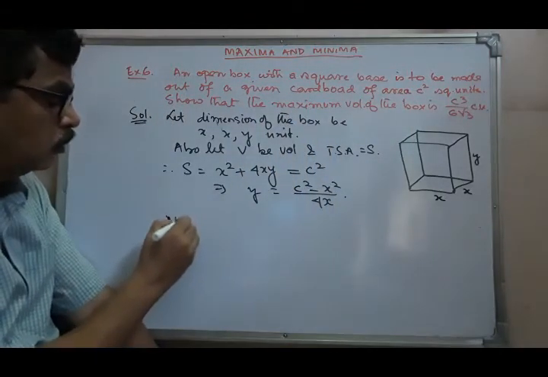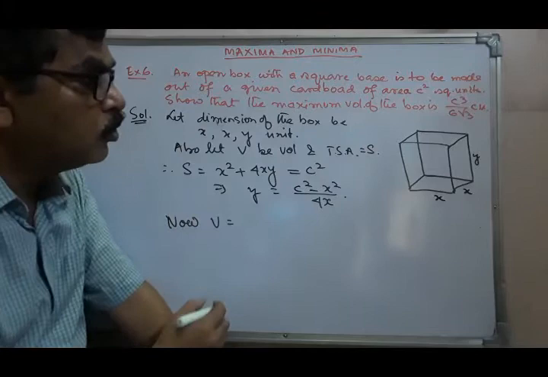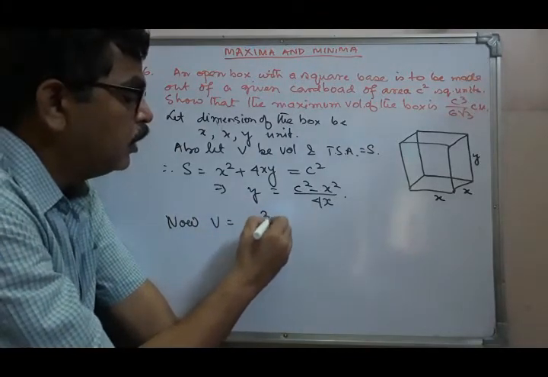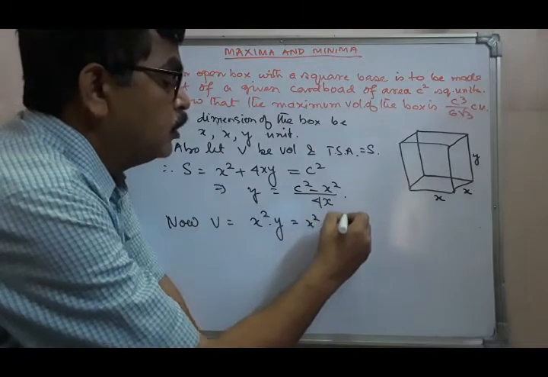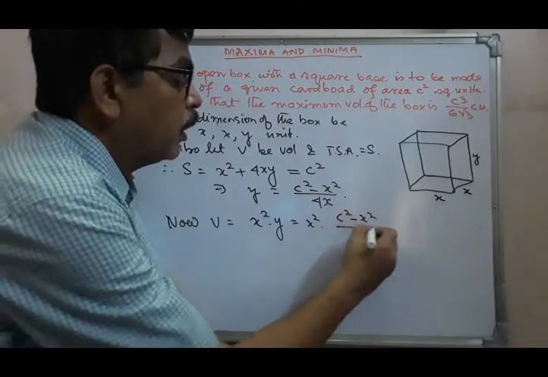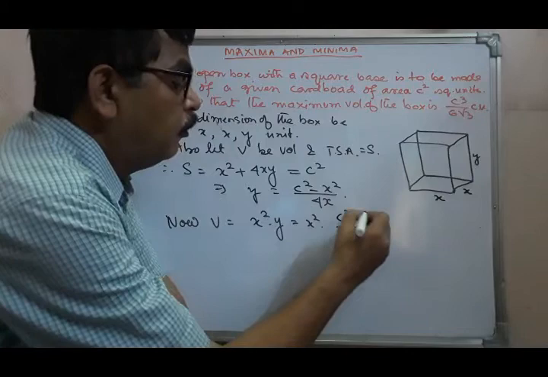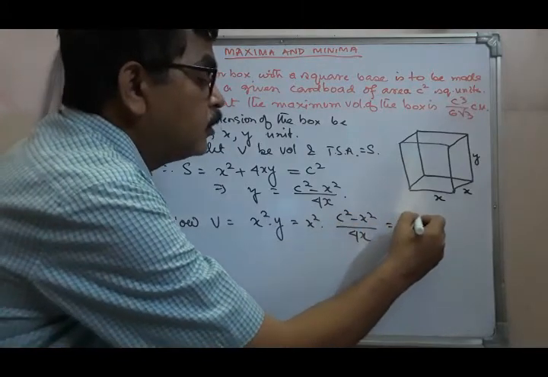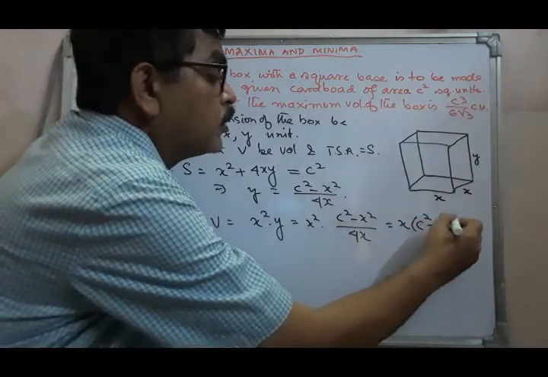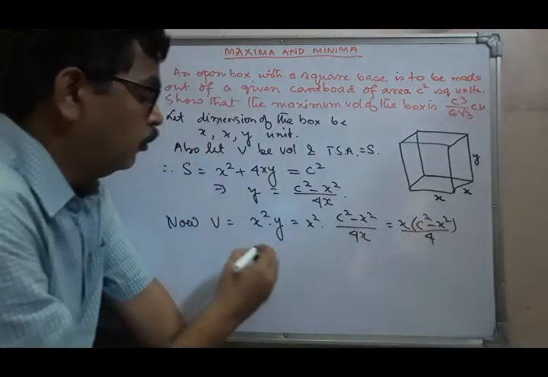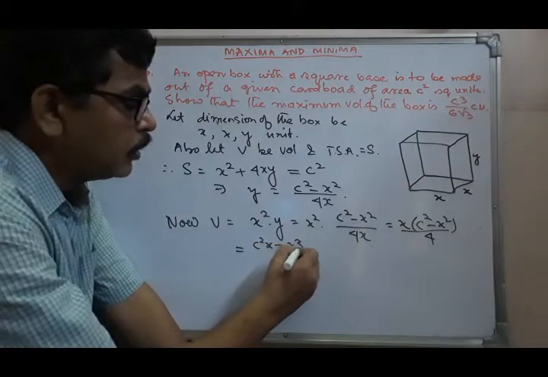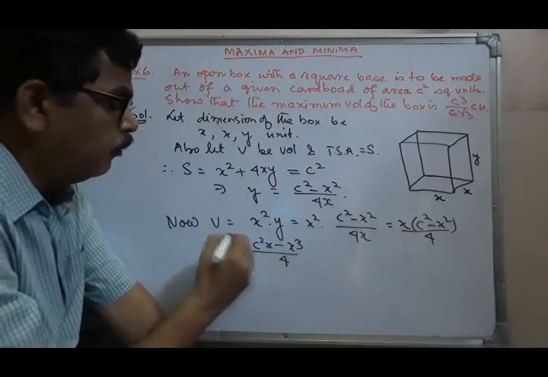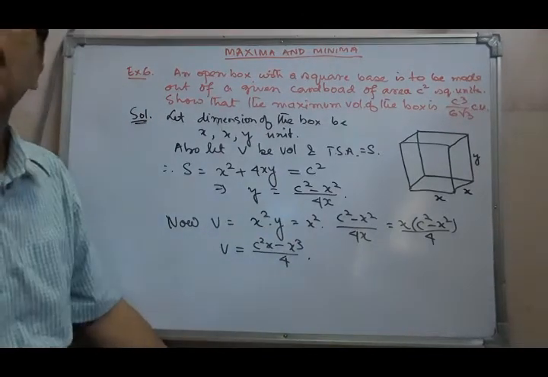Now volume of the box equal to base area into height, that is x square into c square minus x square by 4x, that is x into c square minus x square by 4. Further we may write c square x minus x cube divided by 4.